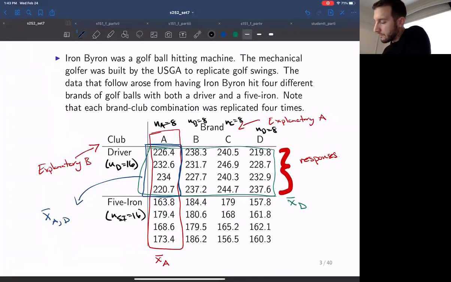So for example, for driver A, we have 4. For driver B, we have 4. For driver C, we have 4. So N driver A is 4, N driver B is 4, etc. So for the treatment combination comparisons, we're always comparing sets of 4 values.